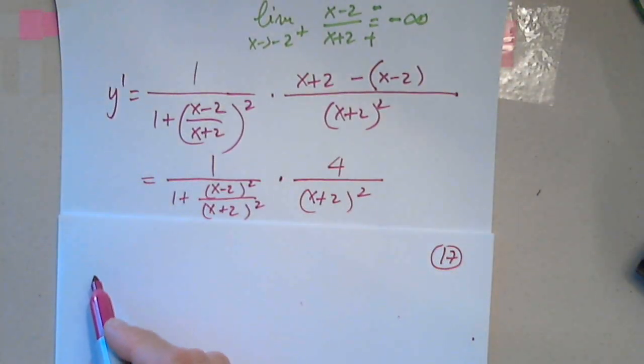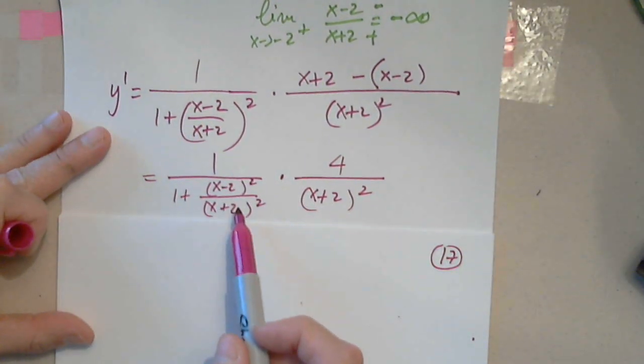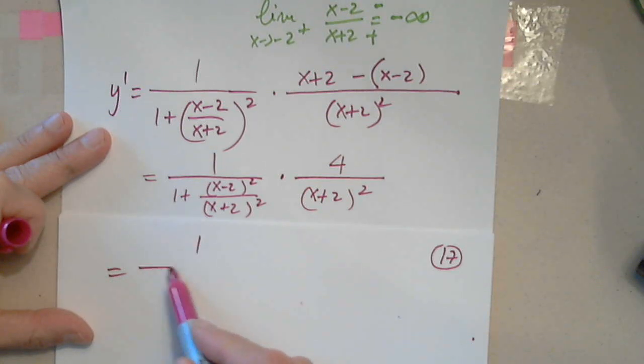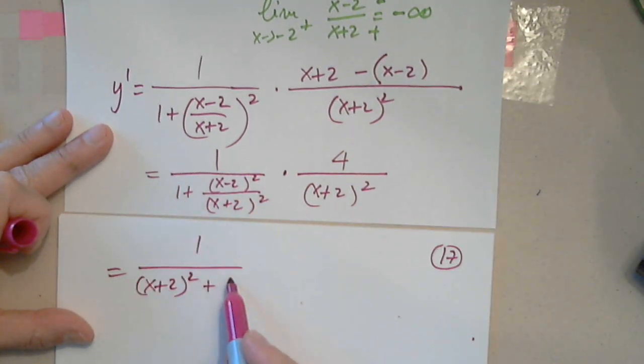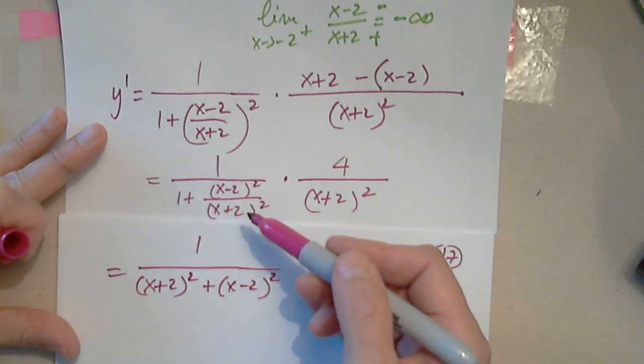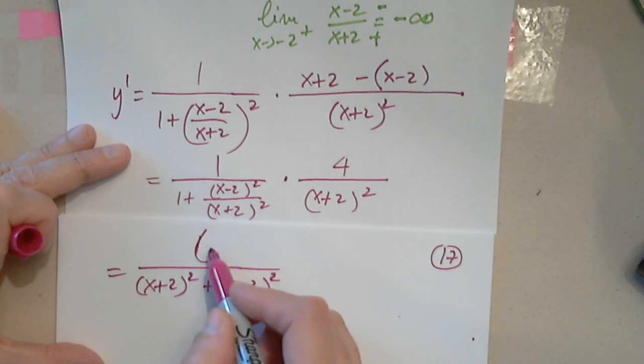Okay, so then here I will have 1 over, finding the least common denominator, (x plus 2) squared plus (x minus 2) squared over (x plus 2) squared, but I'm going to flip it.